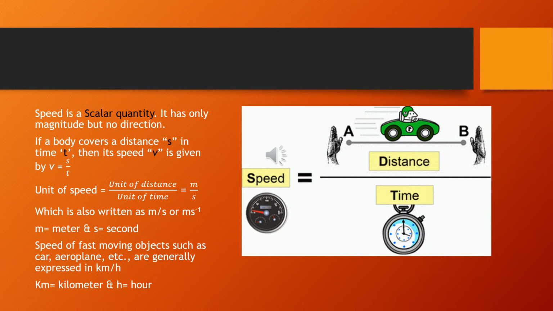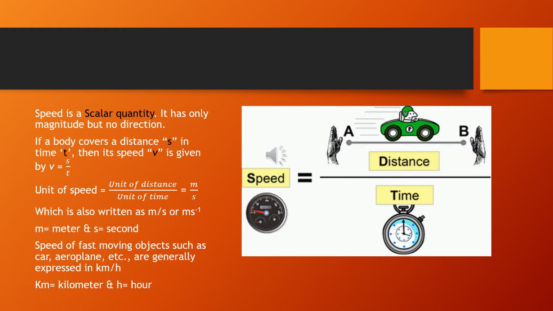Speed is a scalar quantity, because when we talk about speed, we don't talk about any direction. The only thing which is going to change from previous is, in previous classes you were used to writing speed s is equal to distance d upon time t, but now the abbreviations will be changed.